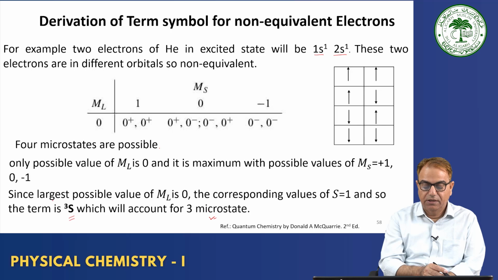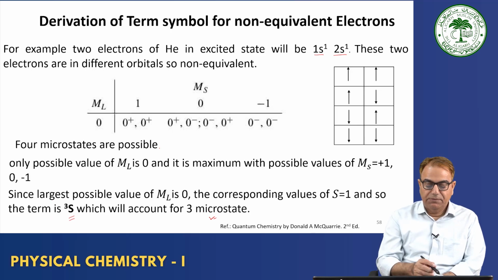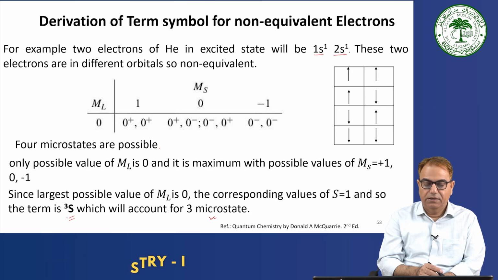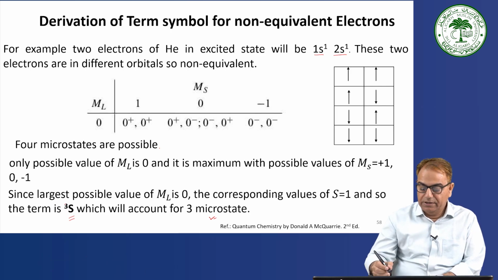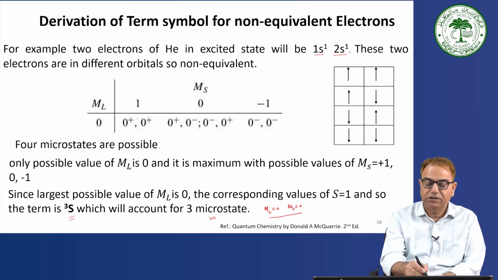Now see, 3 microstates means S is equal to 1, L is equal to 0, here ML is equal to 0 and MS is equal to 0. So it will give you 3 microstates. So this will go, and this will go.